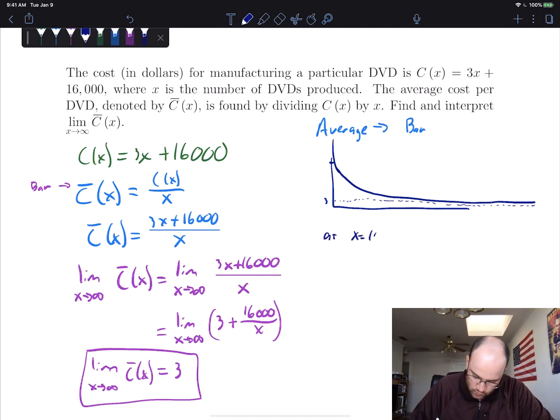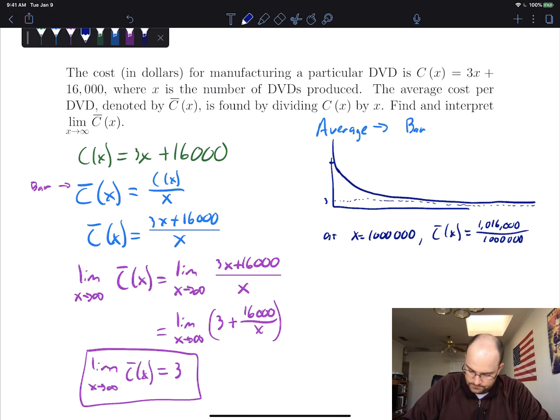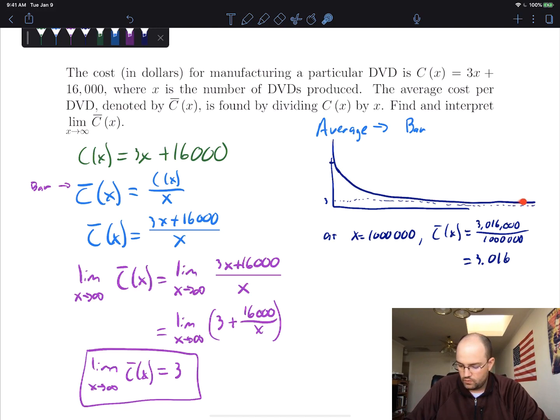At X equals 1 million, C bar of X would be 3,016,000 all over 1 million. So just take this number up here, move the decimal 6 places to the left, and that's going to give you 3.016. So notice that it's approaching y equals 3.